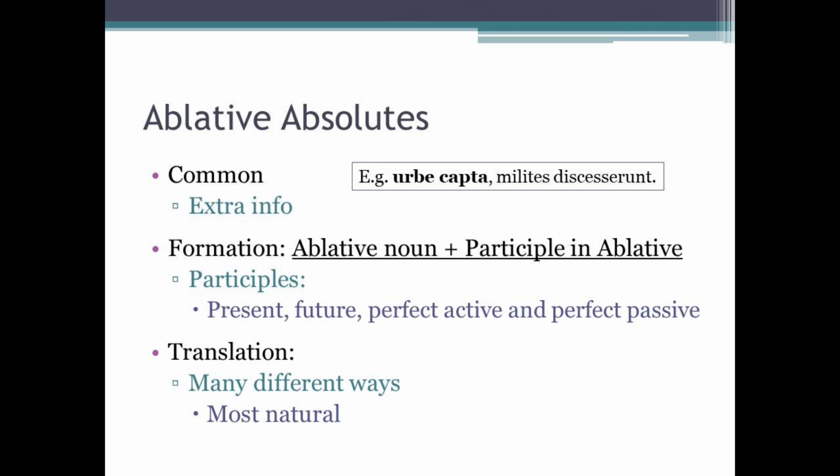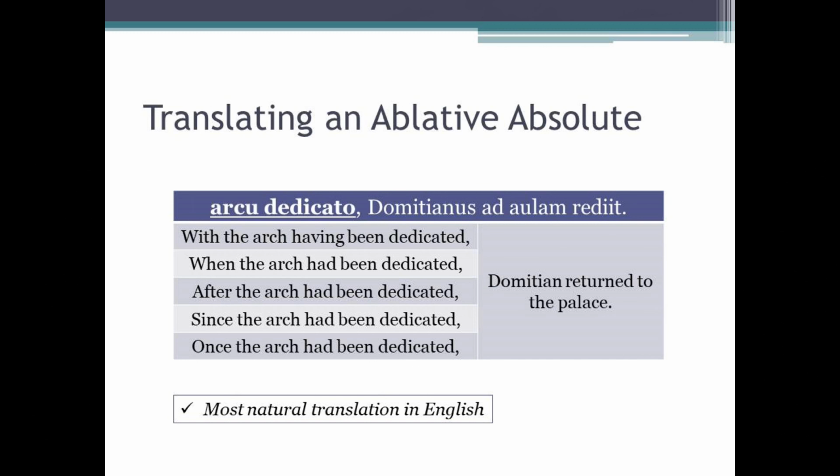As we're about to see, they can be translated in many different ways, and you should pick the one that sounds most natural in English. Without further ado, translating an ablative absolute. If we have a look at this example, Arcu dedicato Domitianus ad aulam rediit.